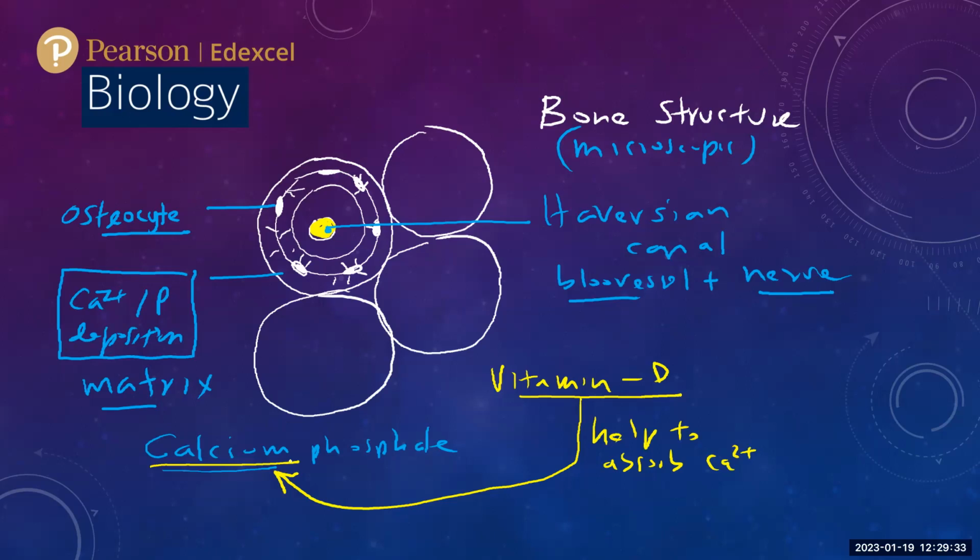Now we're going to look a little bit at what happens to the bone when a child is growing. The bone is getting longer, and after a certain age, the bones are not growing.